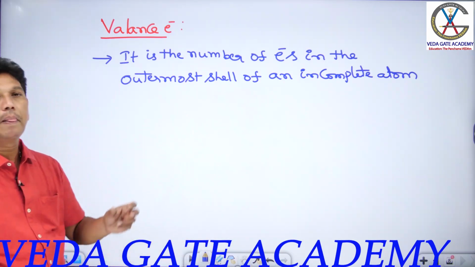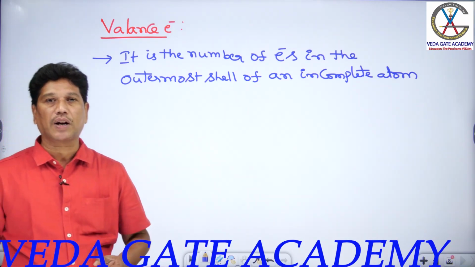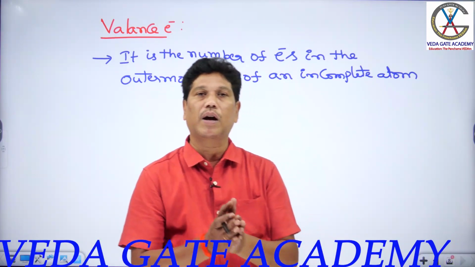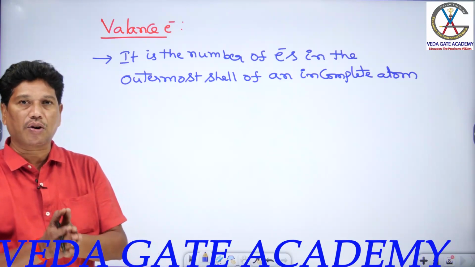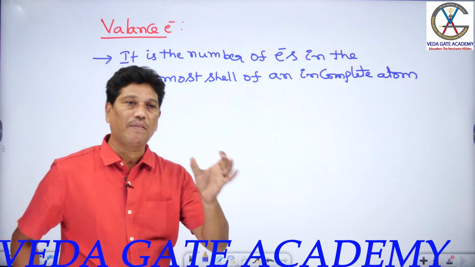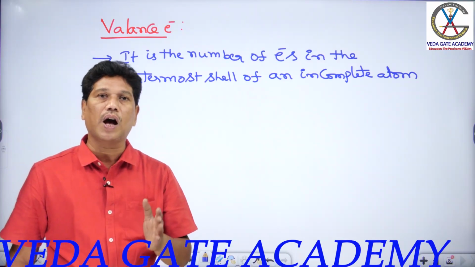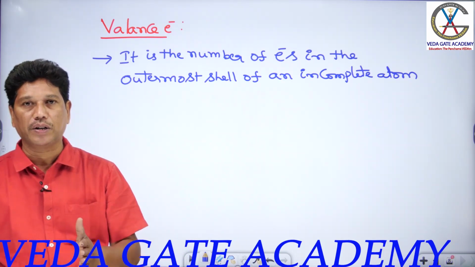Depending on the number of valence electrons, the atoms are classified mainly into 3. Those are trivalent, tetravalent, and pentavalent.